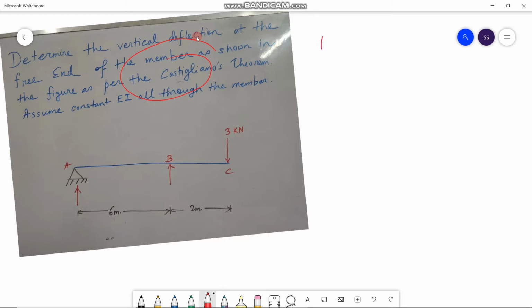Step number 1 is to take the 3 kilonewton force acting at point C as P. Here we are taking the 3 kilonewton force as P.